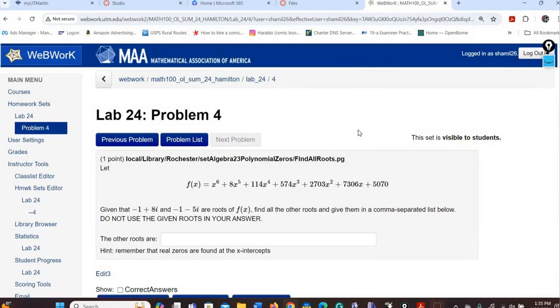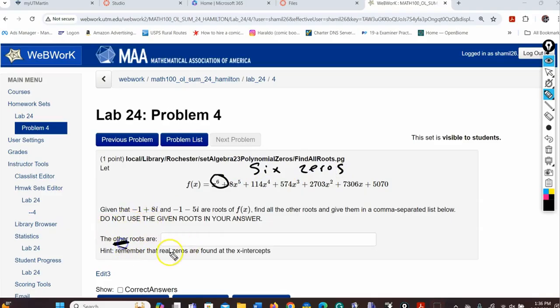Okay, now this one does not want all the roots. What about this one? How many zeros is it going to have? There will be 6 zeros. And they give you 2 of them. And they want to know the other zeros, the other roots.